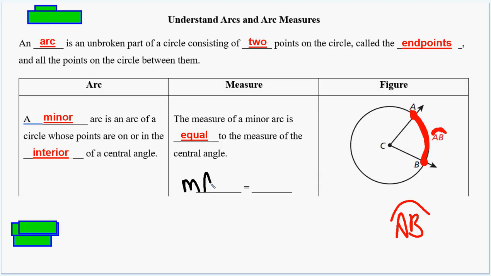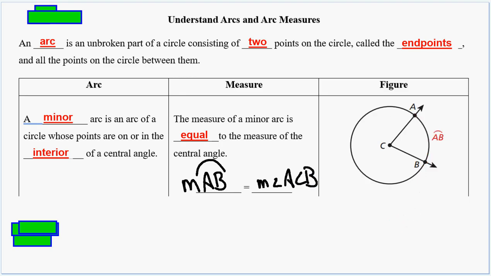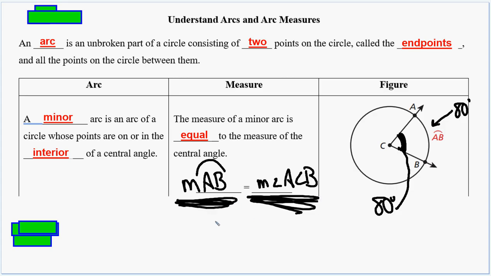The measure of arc AB is equal to the measure of angle ACB. If we look over here on the picture, here is the measure of angle ACB. This is going to be some amount of degrees. Let's just call it 80 degrees. If this central angle is 80 degrees, then arc AB is also 80 degrees. The measure of the arc and the measure of the central angle are exactly the same.